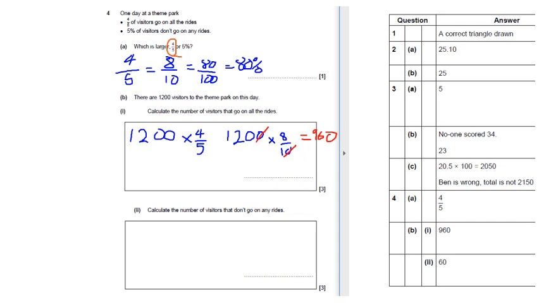I could have done 5s into that. 5s into 12 goes 2, remainder 2.